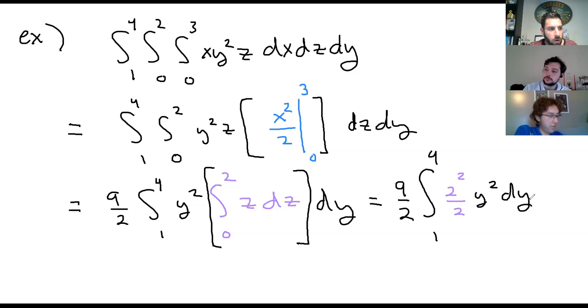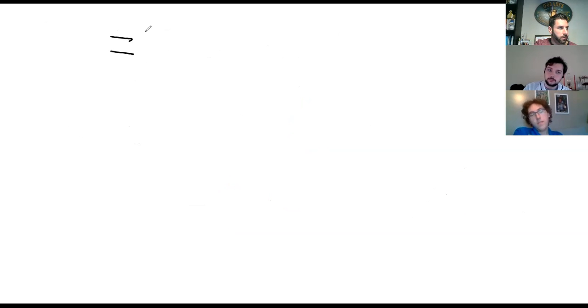If you clean up your constants, you get 4 over 2, which is 2, and 9/2 times 2 is just 9. So this becomes 9 times the integral from 1 to 4 of y squared dy, I believe.